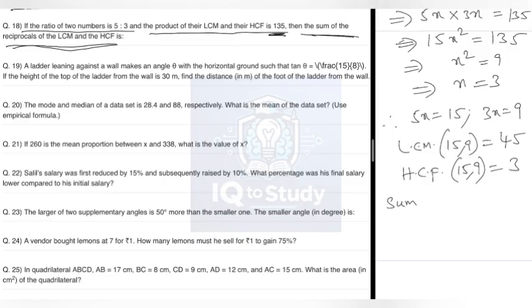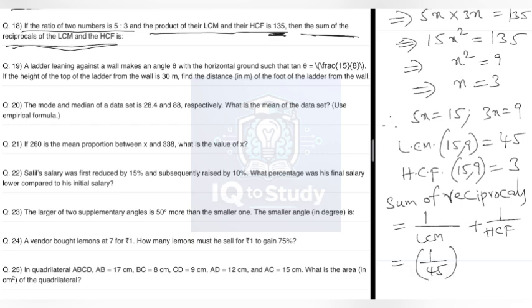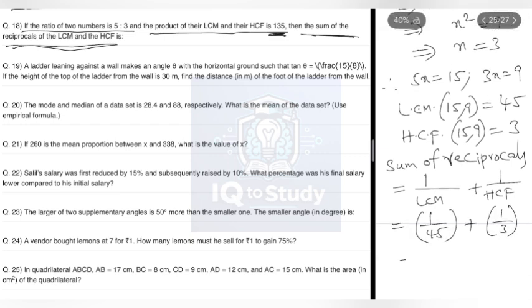It means sum of reciprocals is equal to 1/LCM + 1/HCF, which means 1/45 + 1/3. That is equal to 16/45.